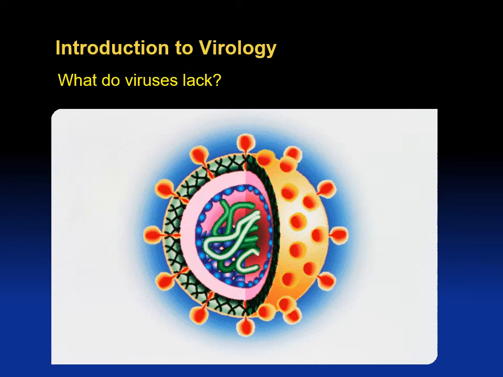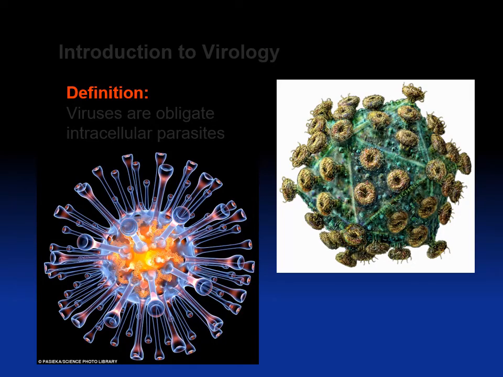Now, what do viruses lack? After we talked about viruses and the components which they have, what do they lack? Obviously, there are so many things that are missing in viruses. For example, there is no mitochondria in the case of viruses, and this is a machinery which is used to generate energy.